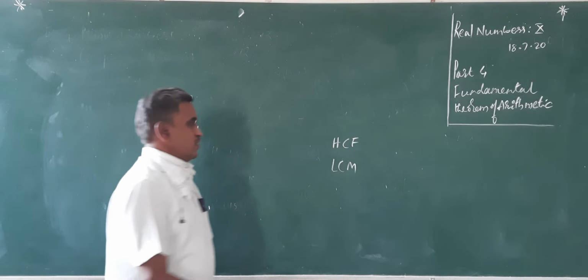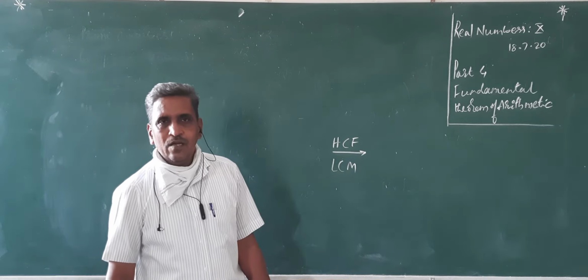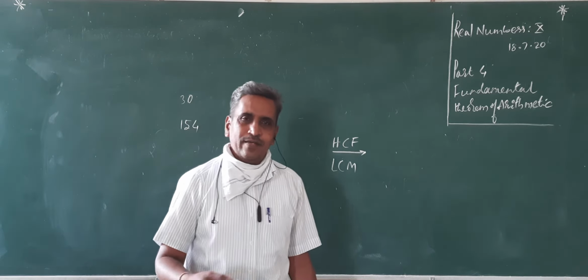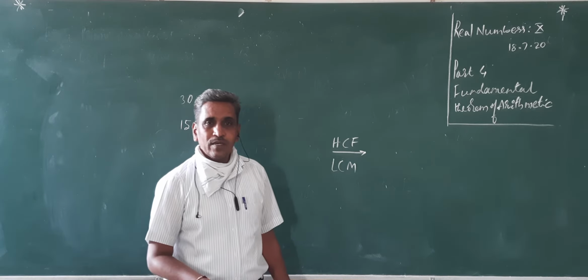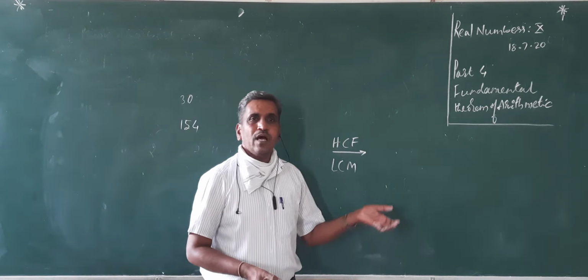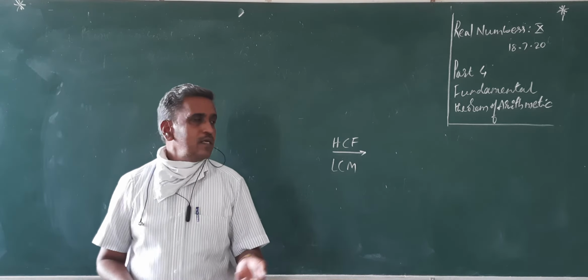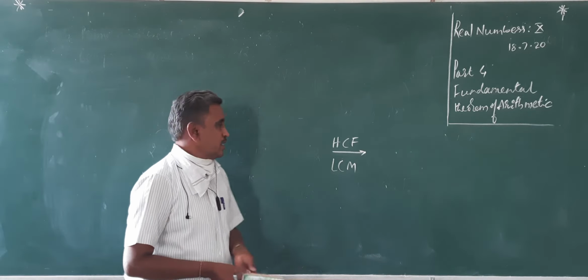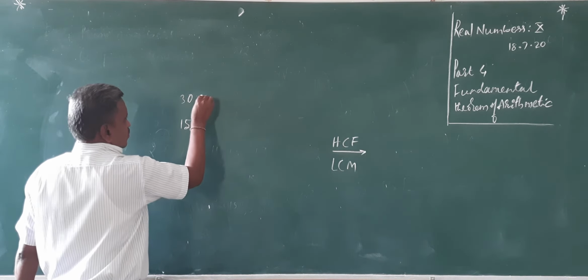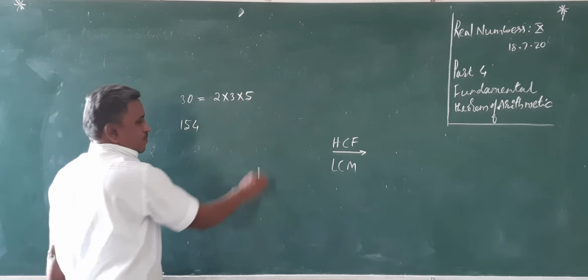Yes, HCF means highest common factor. First work is to write the factors, then among that, if there is a common one, the highest one. That is factorization, but you know that. Is it? Okay, so now, 30 is equal to 2 into 3 into 5.